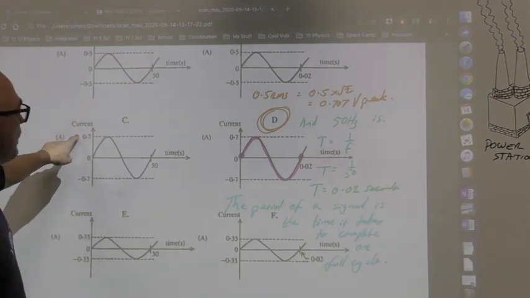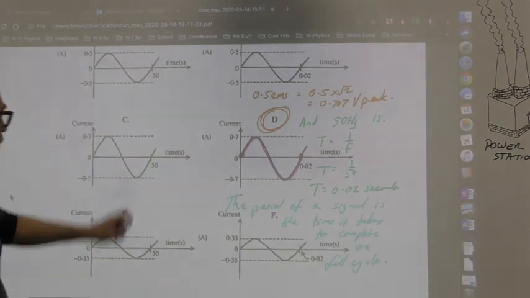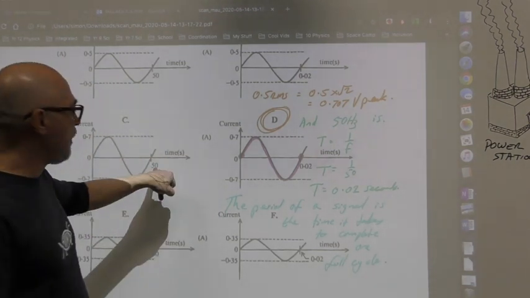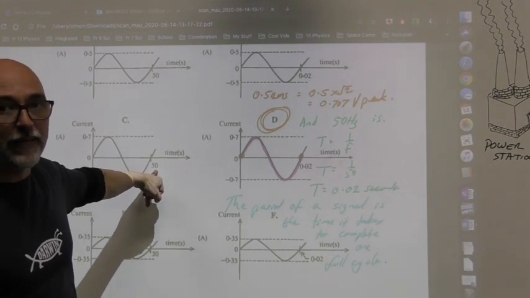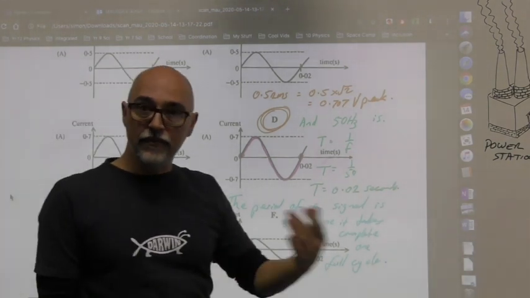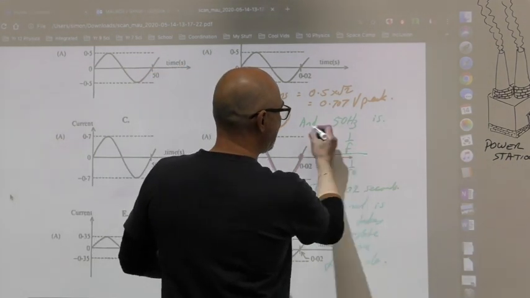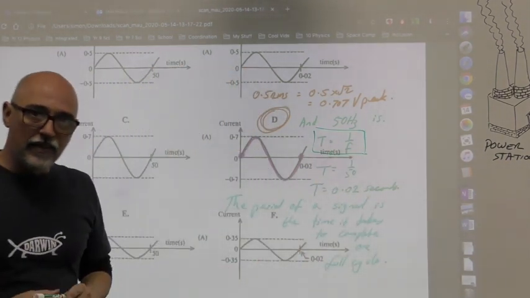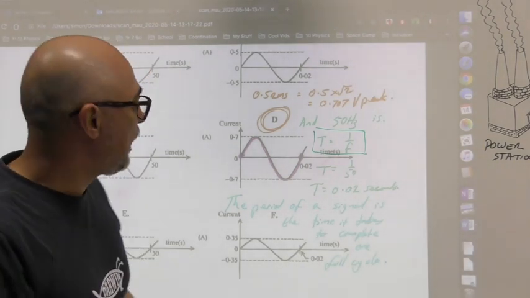And there's a couple of 0.7 values, but why is it this one and not this one? Why? Because here they've given you the 50, and this is aimed at students who don't know what 50 hertz means, all right? 50 hertz means 50 cycles per second. So the formula for that is this. The period is equal to 1 over the frequency, okay?